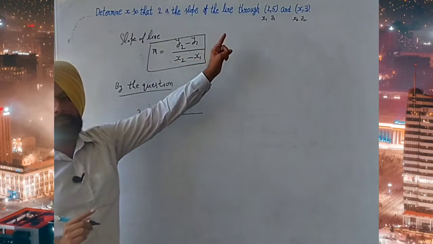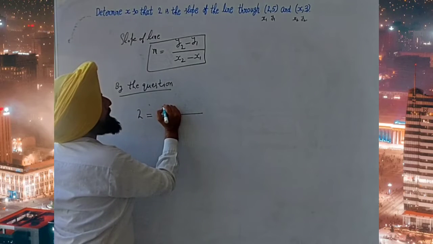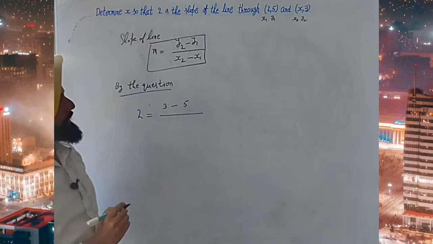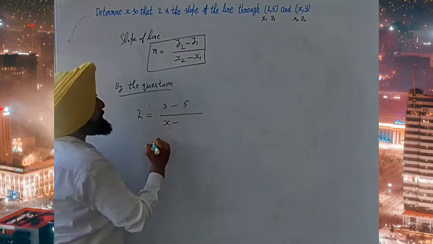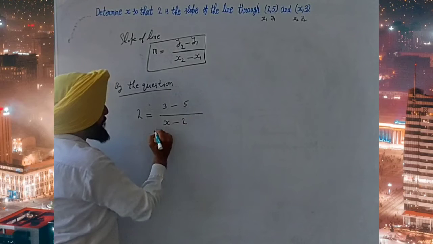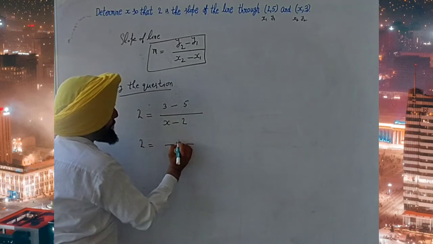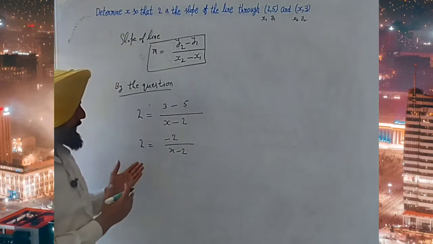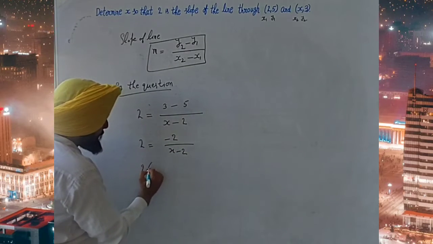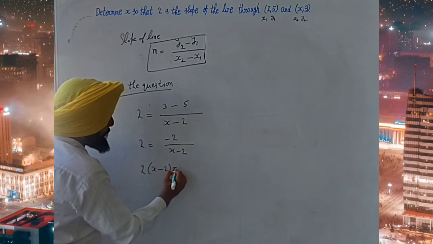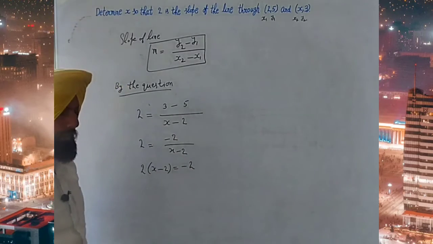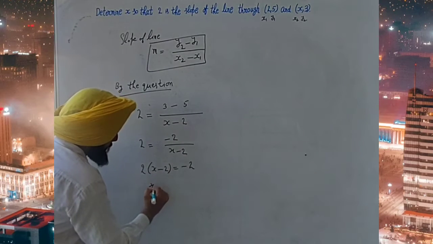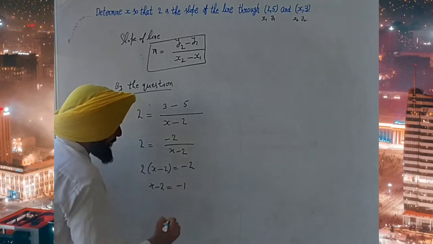So y2 minus y1, that is 3 minus 5, over x2 minus x1, that means x minus 2. So 2 equal to minus 2 over x minus 2. Cross multiplication: 2 times (x minus 2) equal to negative 2. Divide both sides by 2, the 2 cancels, so x minus 2 equals negative 1.